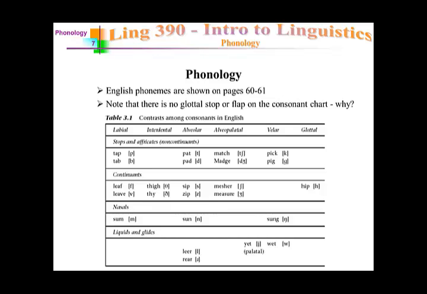This chart is basically the same as all of the other consonant charts you've seen, though with a couple of differences in the details. First, the manner categories have been collapsed into non-continuants, which are sounds that involve at least some full stoppage of air, and continuants, which have continuous airflow throughout their production.